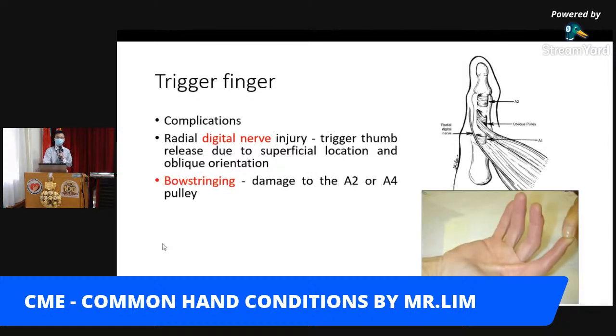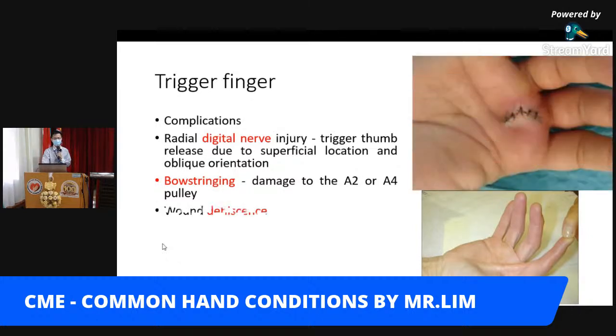And if you cut the wrong pulley, A2 or A4 pulley, bowstringing can happen, causing more problems to the patient. And all sorts of wound complications can happen as well: wound breakdown, tenderness, numbness, even finger stiffness because of slight tendon injuries during the procedure.